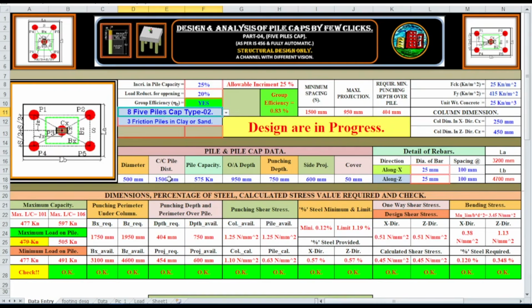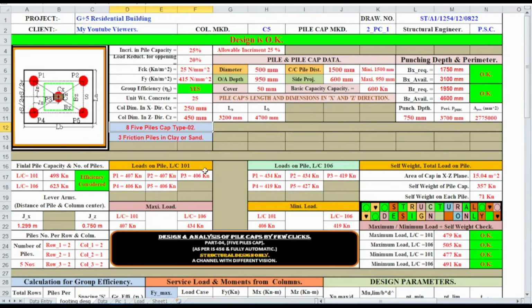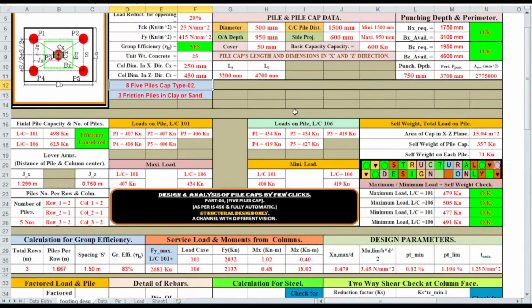Now what we can do, we have increased here 15%. We can go up to 25%. So I'm considering 20%. So pile capacity will be 600. Design is okay. Once again, this is our total calculation sheet.